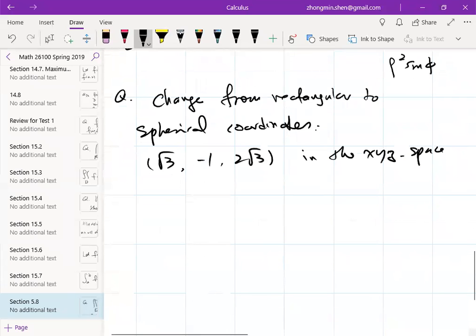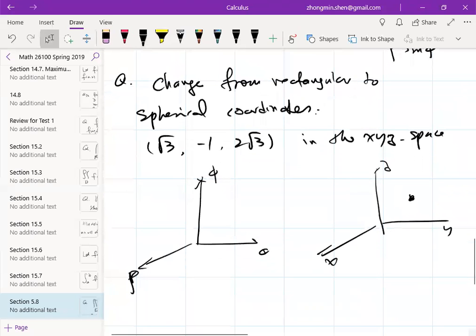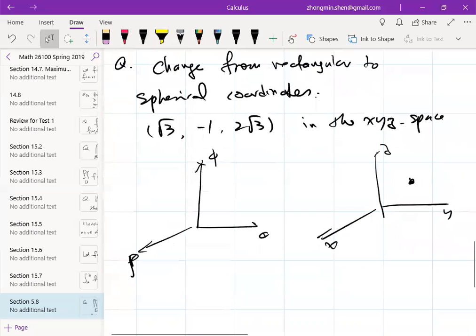So you are here, somewhere in the x, y, z space, and you want to find the corresponding point in the rho, theta, phi space. Rho squared is going to be x squared plus y squared plus z squared, because for this map you have this identity.